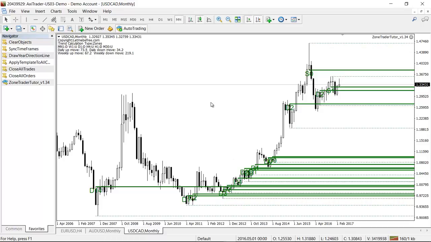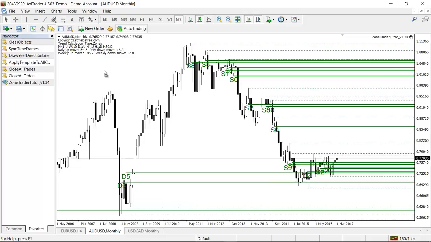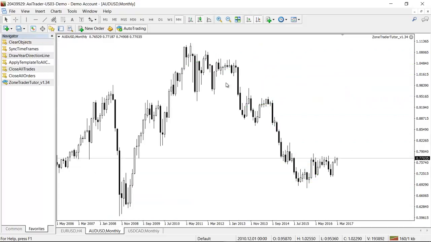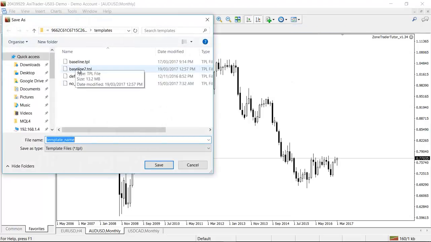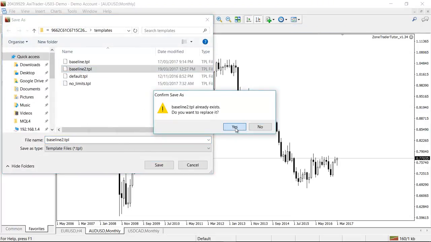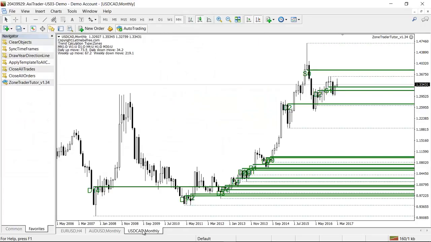So what I generally do is clear all the objects off before I save it as a template. So if I go back to the Aussie dollar again, I'll clear the objects off, save that as a template, call it baseline 2, overwrite it, yes, and then just apply baseline 2.